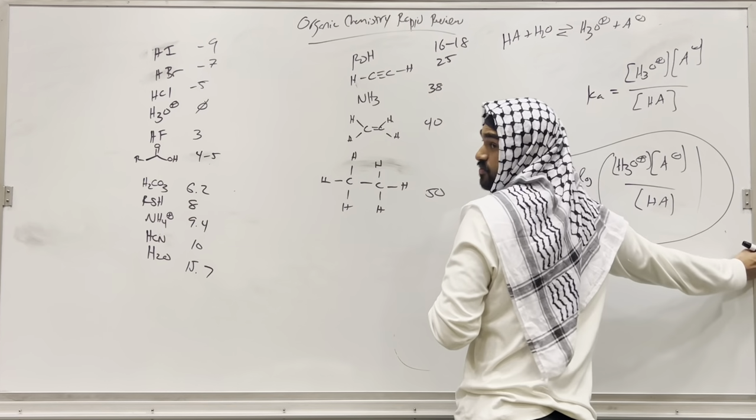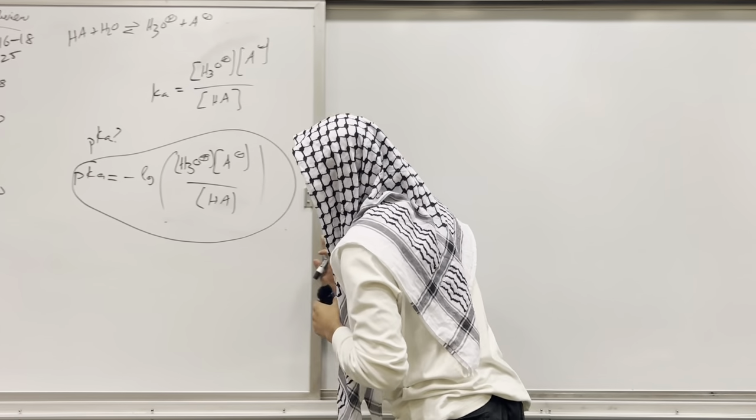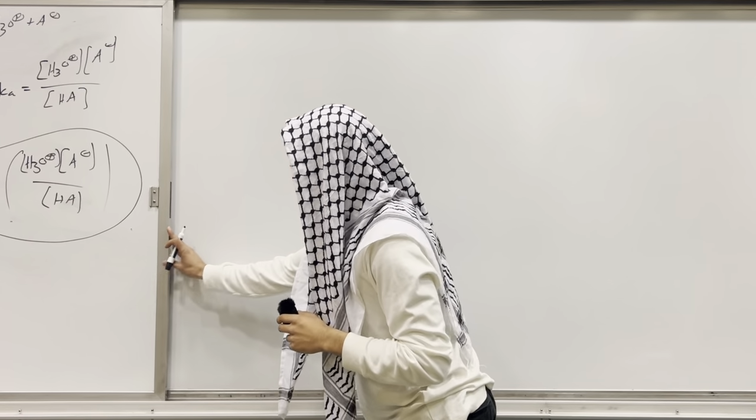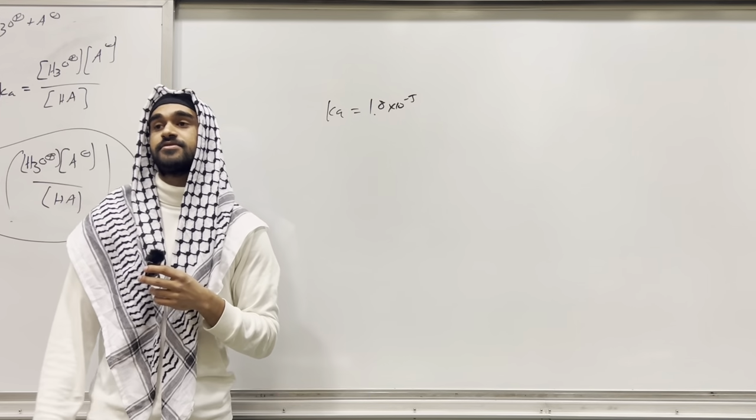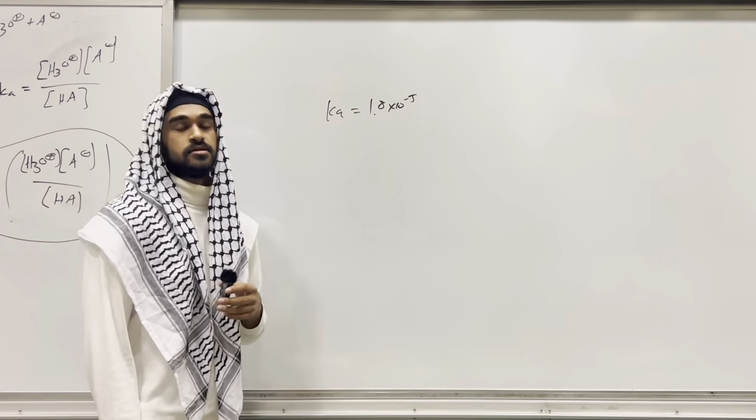One last thing, and then we're gone. The Ka of acetic acid is 1.8 times 10 to the negative fifth. You guys know the question I'm going to ask you. I want you to calculate the pKa.